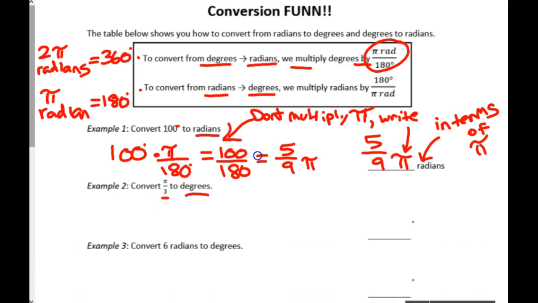And what's our rule? Once again, we're going to multiply, but this time it's by flipped, 180 over pi. Okay? So we multiply by the inverse. So let's write the original radians, pi/3 times, and this time it's going to be 180 over pi.